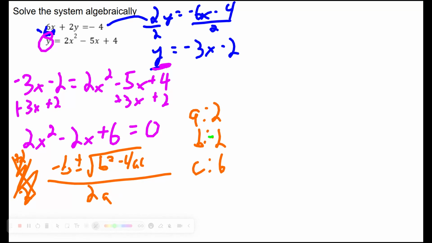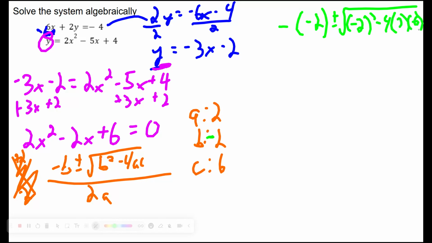Negative b is negative 2, so I've got negative 2 plus or minus the square root of negative 2 squared minus 4 times 2 times 6, all over 2 times 2. Let's start to simplify that.